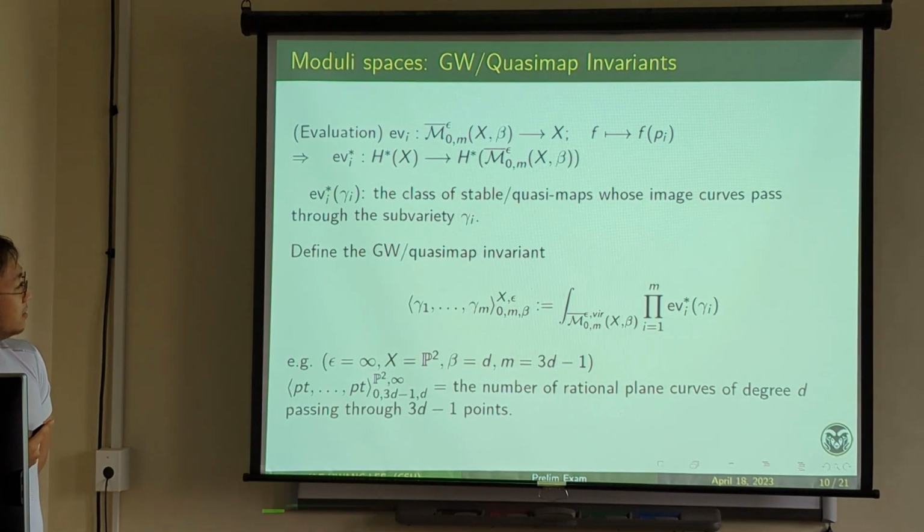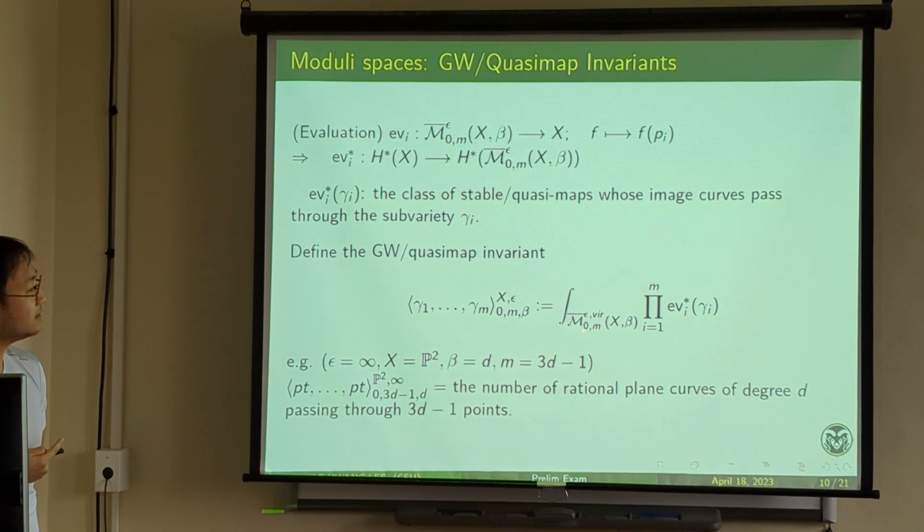And now, using this evaluation map, I can define GW invariants, which come from stable maps, and quasimap invariants, which come from the quasimap moduli space. This is defined by taking the integral over my moduli space of the product of evaluation maps.